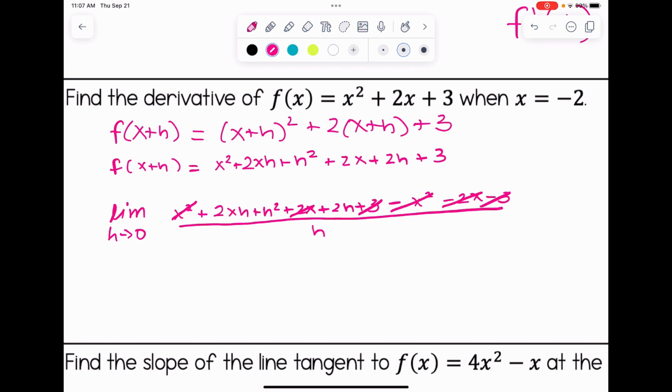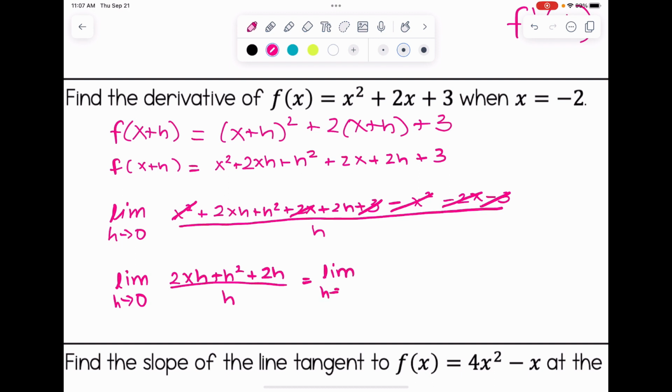All right, so we are left with the limit, I'm just going to rewrite here, as h approaches 0 of 2xh plus h squared plus 2h all over h. Let's divide the h out. And then finally, let's substitute in 0 for h, and we get 2x plus 2.